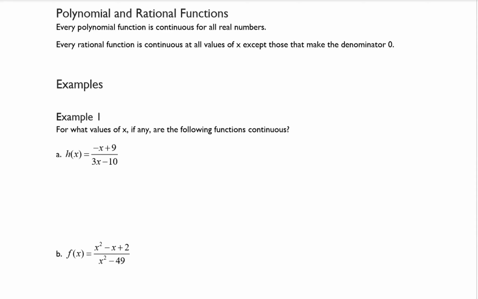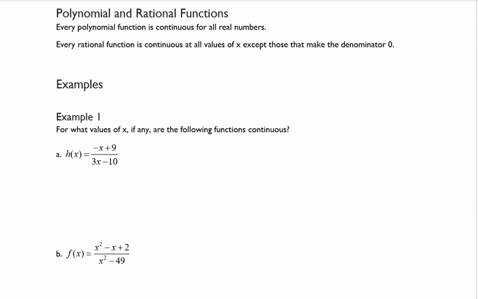So we have our first function, h of x equals the quantity negative x plus 9 divided by the quantity 3x minus 10. Now, from the rule above, this function is going to be continuous everywhere except where our denominator equals 0.